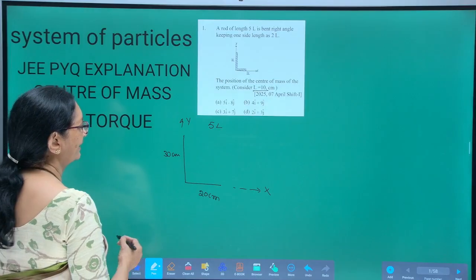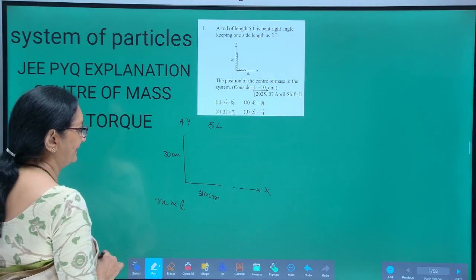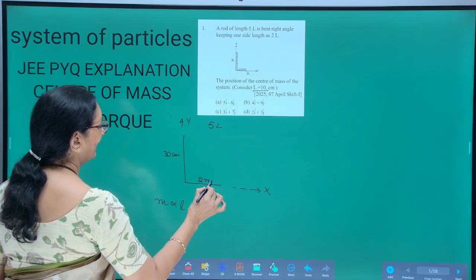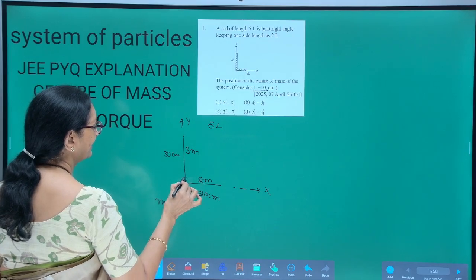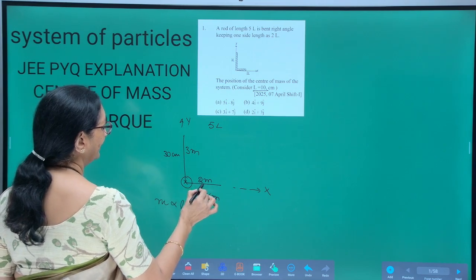And as it is a uniform rod, mass is proportional to length. So, let its mass be 2m, then its mass will be equal to 3m. Let us take this as the origin. See here, let us write the coordinates.